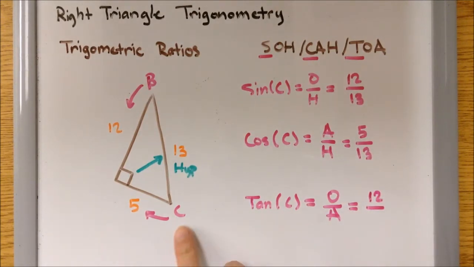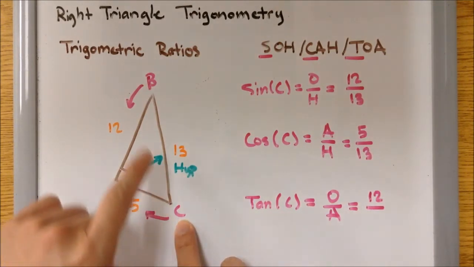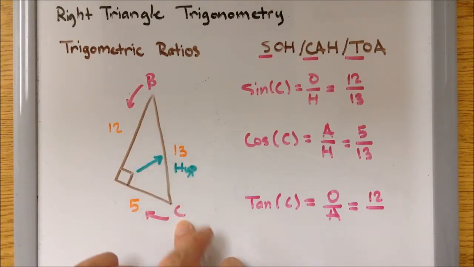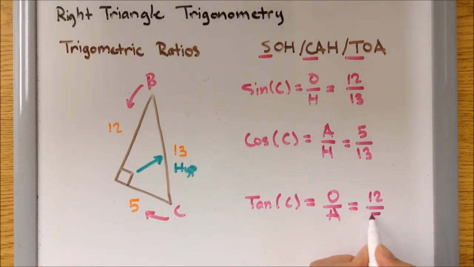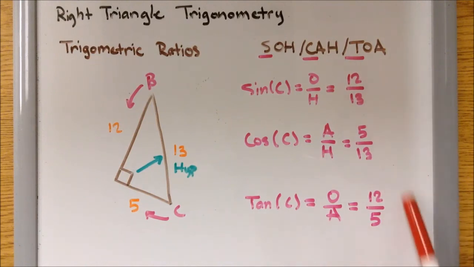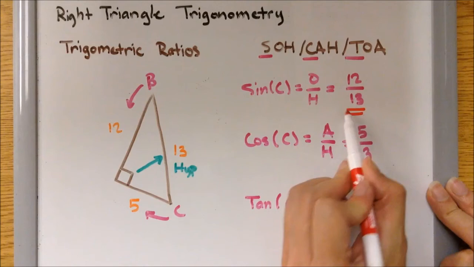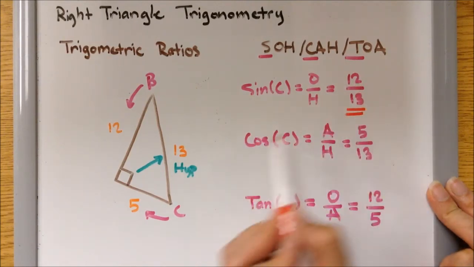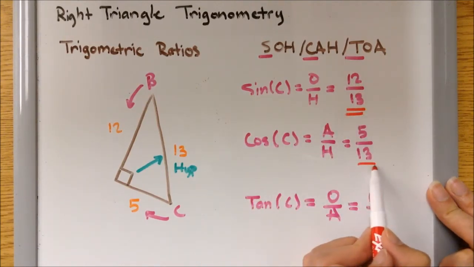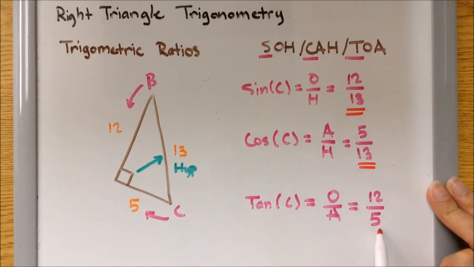And then adjacent means the side that is not the hypotenuse, which is this one right here, that's next to C. So that's going to be 5. So the ratio for tangent of C is 12 over 5. Now if you can simplify the fraction, do so, but leave it like that. So sine of C is 12 over 13, cosine of C is 5 over 13, tangent of C is 12 over 5.